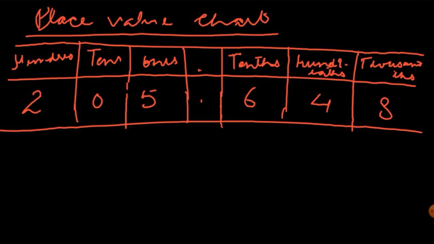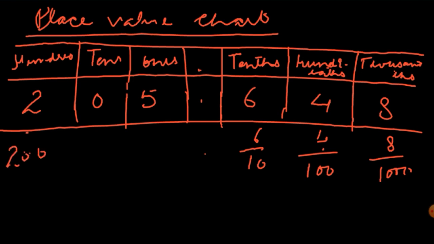So the place value of 6 is 6 tenths, means 6 upon 10. 4 hundredths means 4 upon 100, and this means 8 upon 1000. This one is the decimal point. Now this 5 is in the ones place, and the place value of 2 here is 200.